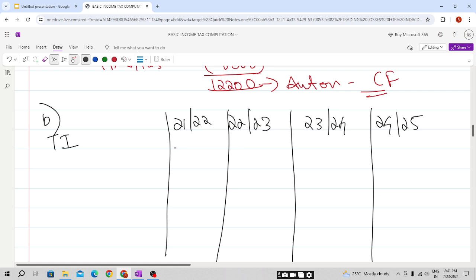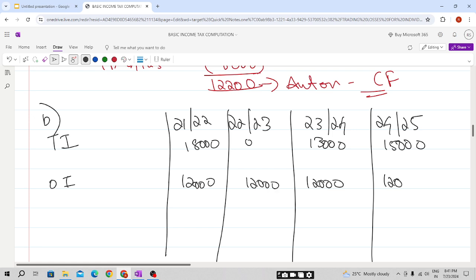The trading income was 18,000 for 21-22, 0 for 22-23, then 13,000 and 15,000. Now we had other incomes of 12,000 each year. I hope this is clear. This will give rise to our total income.